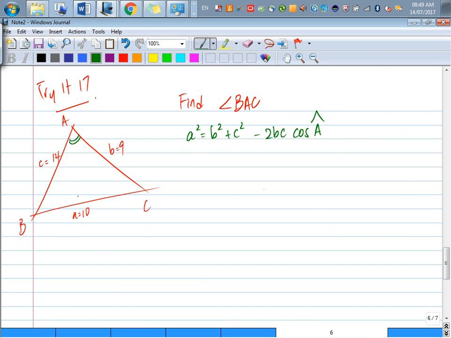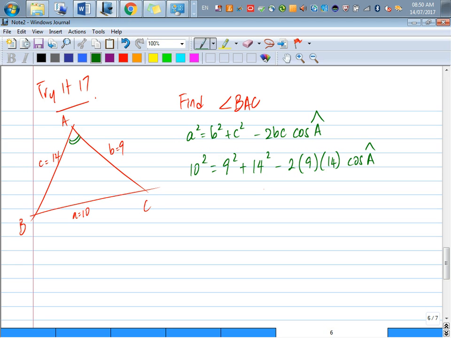So A squared, 10 squared, equals B squared, which is 9 squared, plus C squared, so that is 14 squared, minus 2 times 9 times 14 cosine A. Do you prefer this? Then you can just do your manipulation.